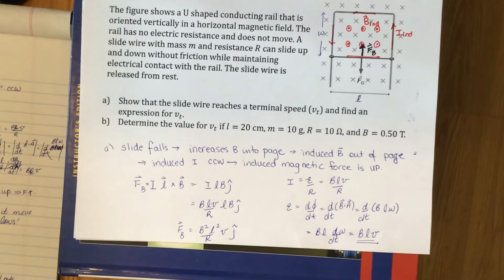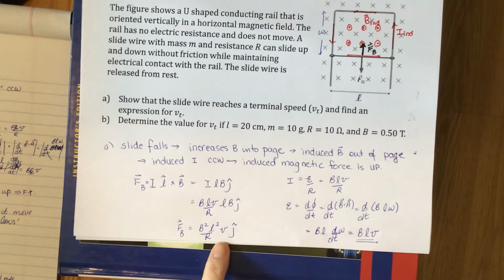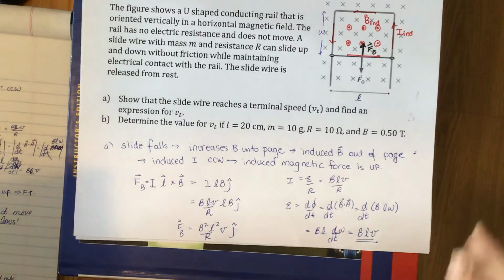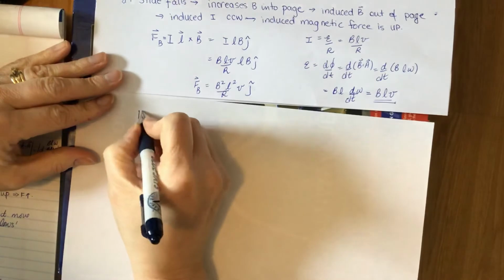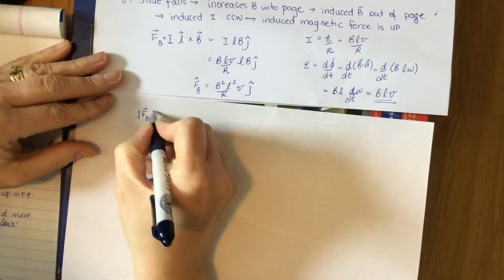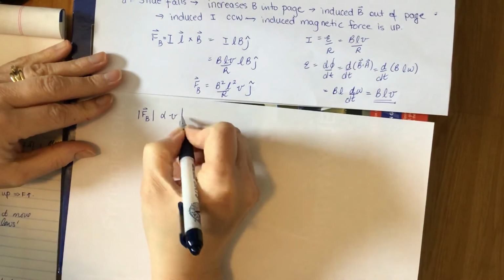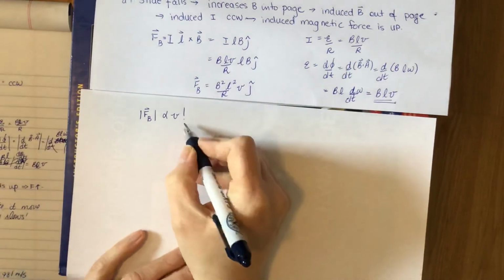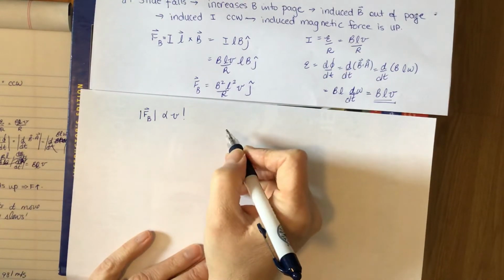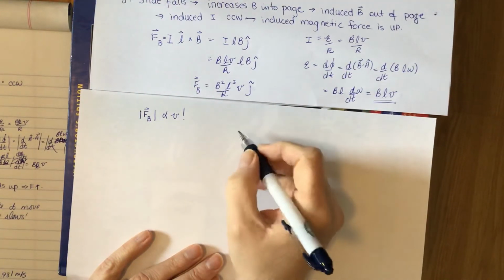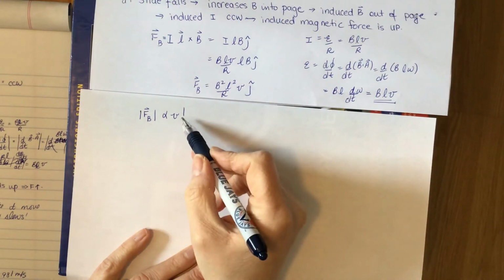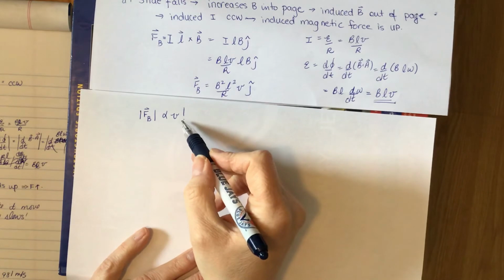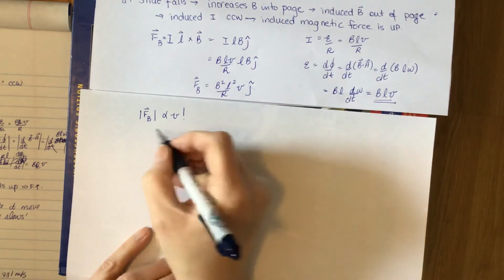The takeaway is that the induced magnetic force is proportional to the velocity. What that means is that the force will increase as the speed gets bigger, up to some maximum value.